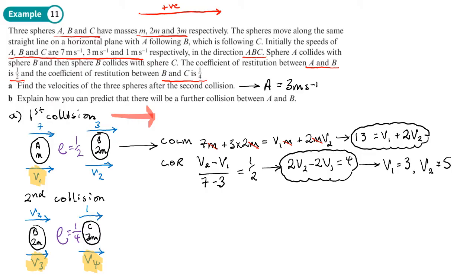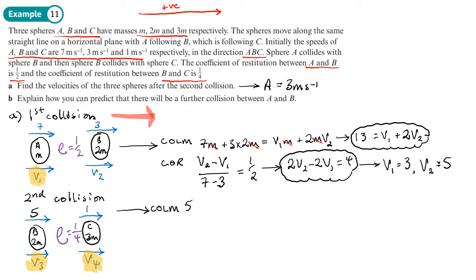So in the second part, I can take this v2 out, and let's put 5 there, because I've just worked that out. So it's now about working out this v3 and v4. Same thing again, conservation of linear momentum, and again taking the same direction as positive.